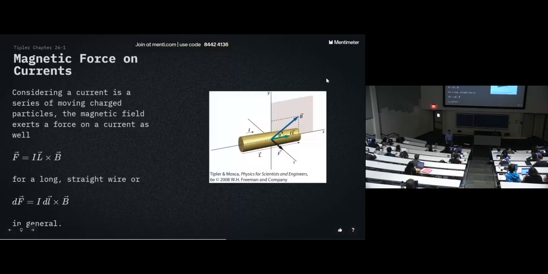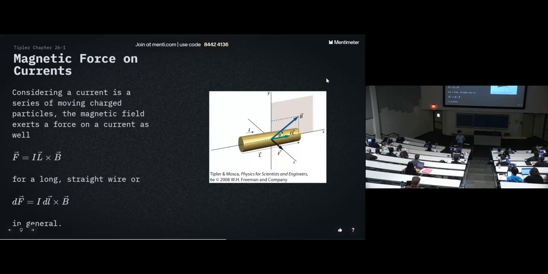So if moving charged particles experience a force due to magnetic fields, well, current is made up of a bunch of moving charged particles. So currents are going to experience a force as well. And we're already, electrical engineers, starting to get into some of the frustration that you guys have to deal with on your own devices. Because we've got currents, as we're going to show next time, generate magnetic fields. But currents also experience a force due to magnetic fields.